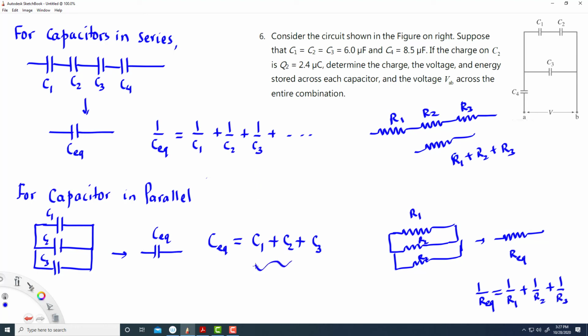So for capacitors in parallel, you add each individual capacitance, whereas for resistors in parallel, you use the reciprocal formula. Okay, so that's what we need to do in this problem.